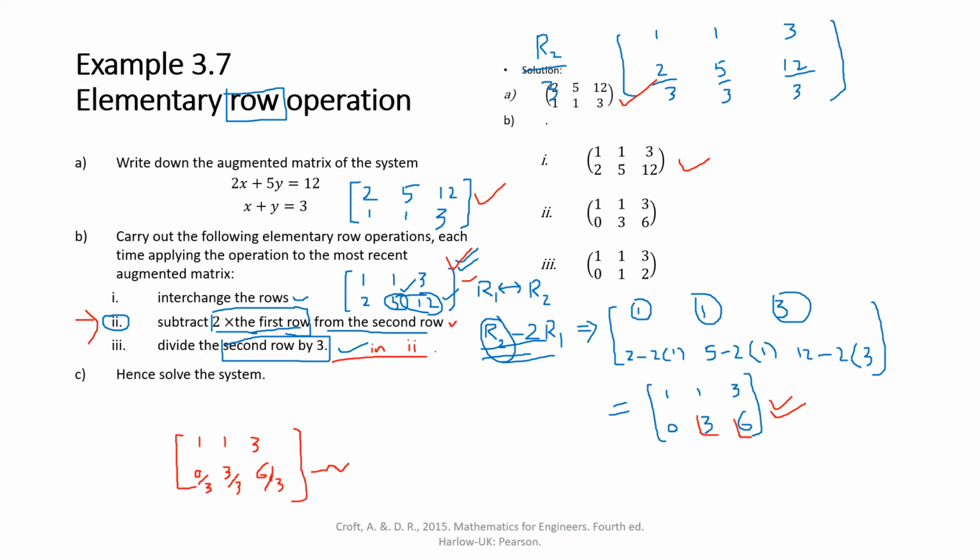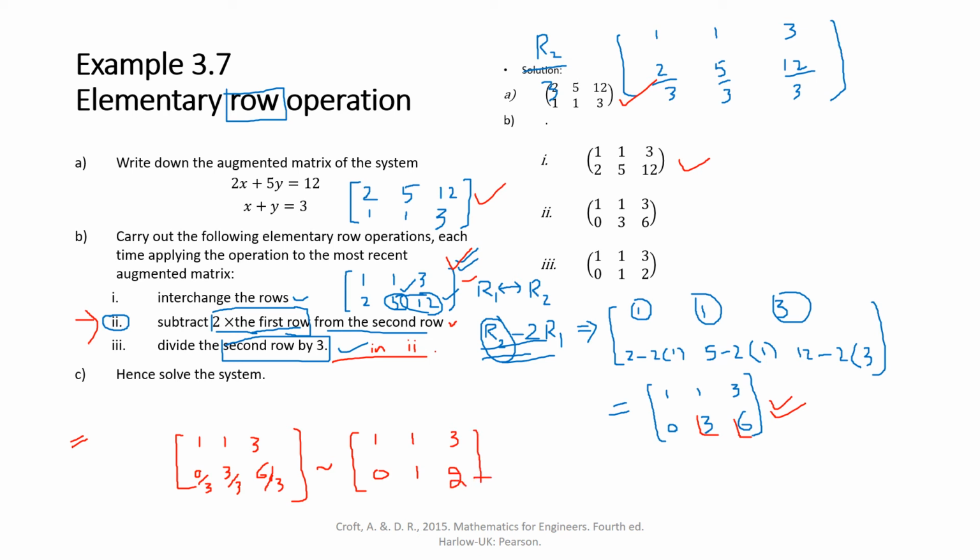Note one thing, that in matrices we do not use the symbol equal, okay, we use a symbol like this wave type symbol, right? So this is 1 1 3, this is 0 1 and 2.